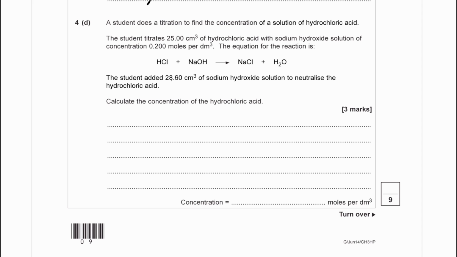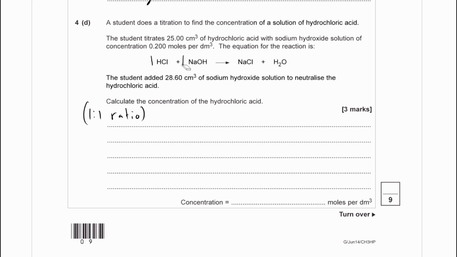The student added 28.6 centimeters cubed of sodium hydroxide to neutralize the hydrochloric acid, and it says calculate the concentration of hydrochloric acid. Now, in these equations, the first thing you want to do is have a look at the molar relationship from the equation. So if we go up here, we can see that one hydrochloric acid will react with one sodium hydroxide. That's cool, it makes things easy for us. So we have a 1-to-1 ratio, and that's what I'm going to write here in brackets.